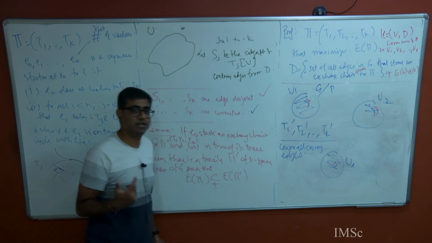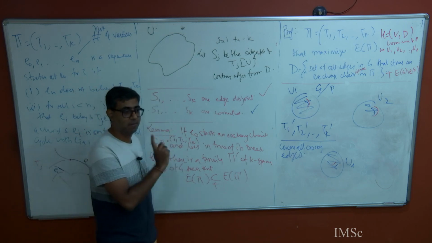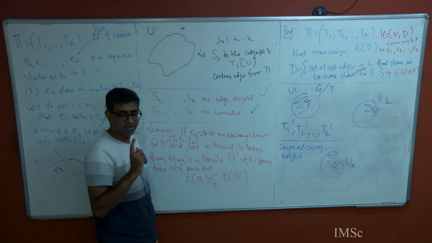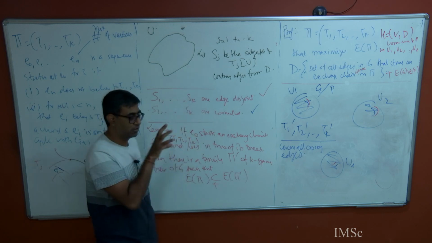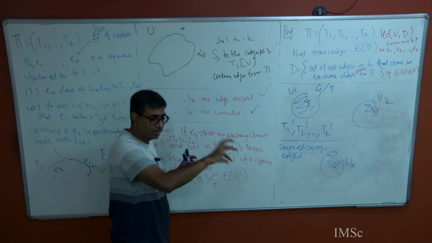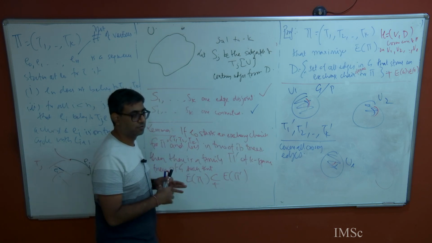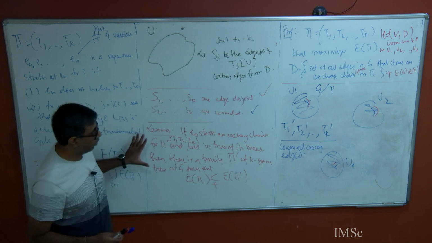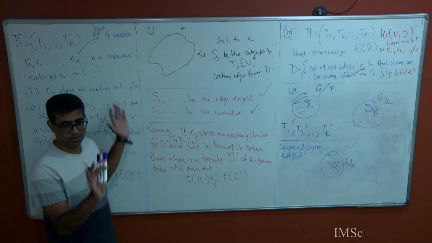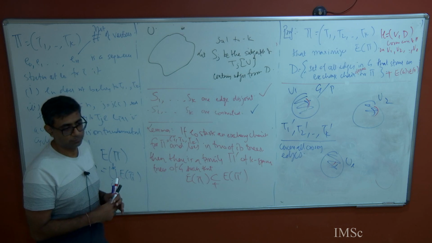In some sense, what it tells you is that if you look at edge-maximal spanning trees, then with respect to this you are getting some edge-disjoint spanning trees, and of course they are connected. So modulo this lemma, we at least understand the contour of the proof.